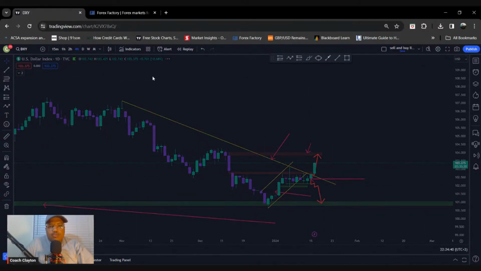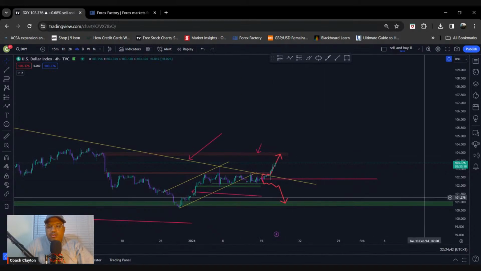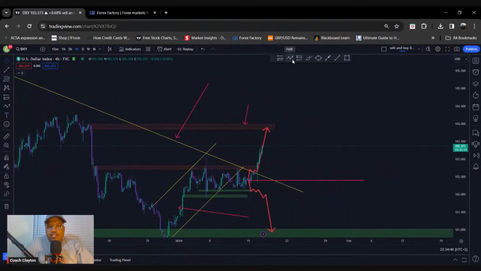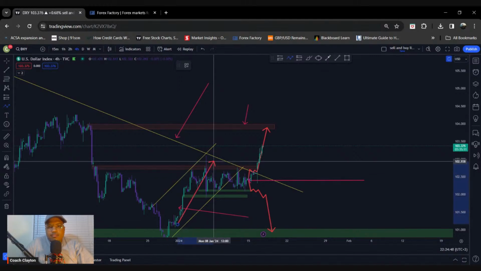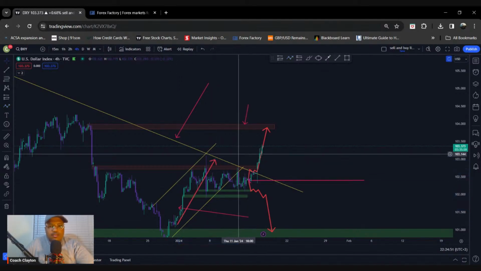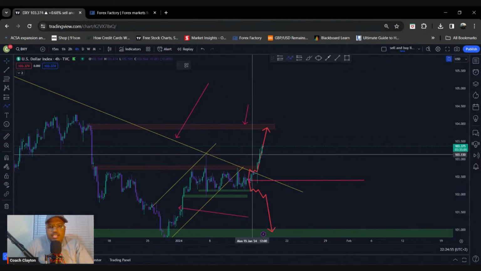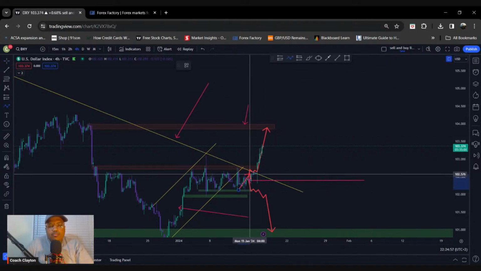Let me just go to 4 hour once more, because now we have seen that, remember on gold, gold actually, okay, let me just delete that. Gold actually broke a downtrend, right?